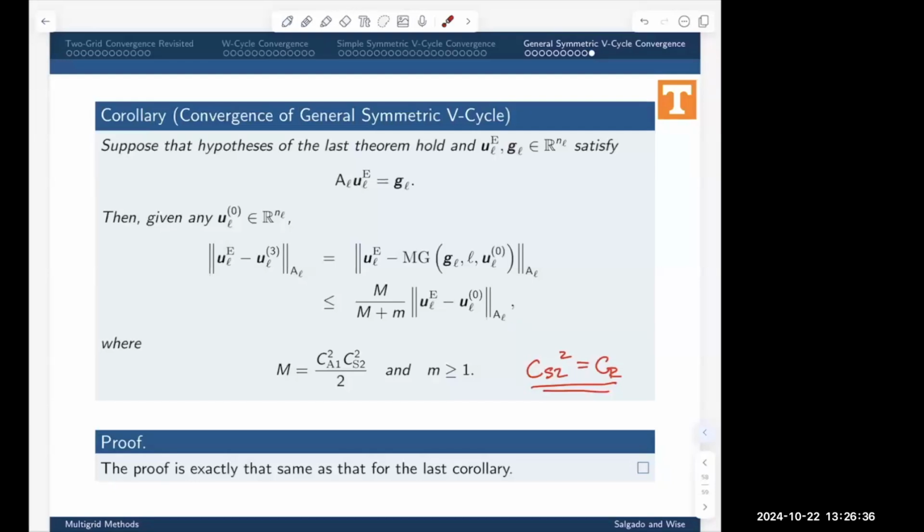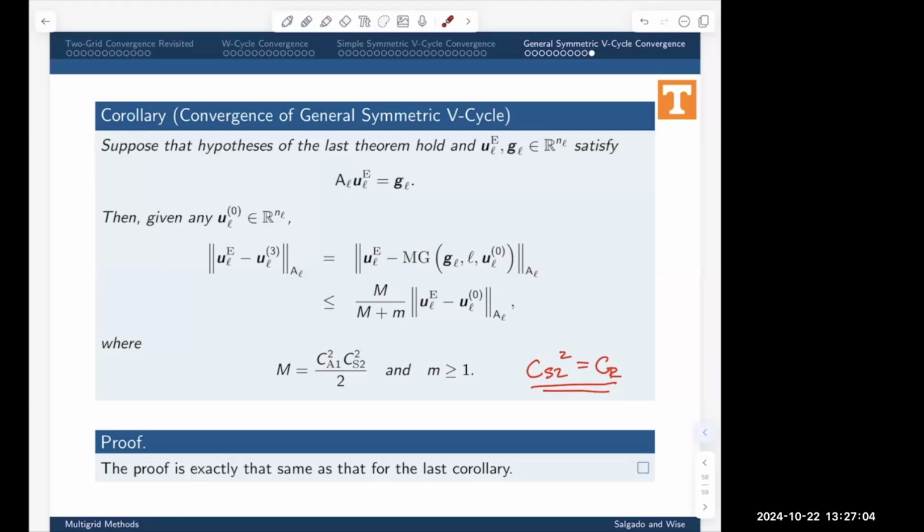So independent of that, we're always going to get a contraction which is at least as good as the contraction predicted by this rate here. And it can be improved in this case by making the number of smoothing steps larger. So that's the key technology that we've uncovered with this theory, that we can get a contraction rate which is completely independent of the mesh spacing.